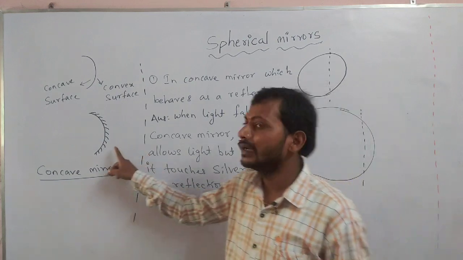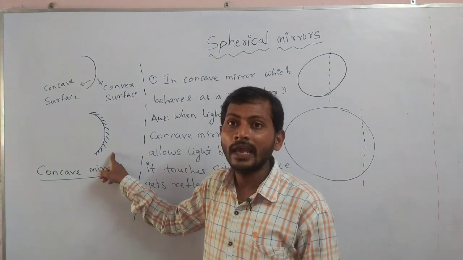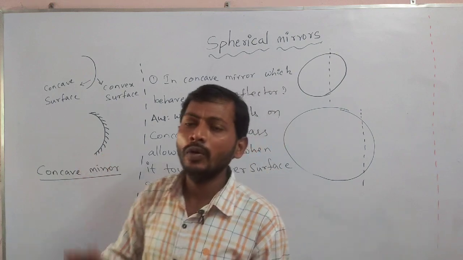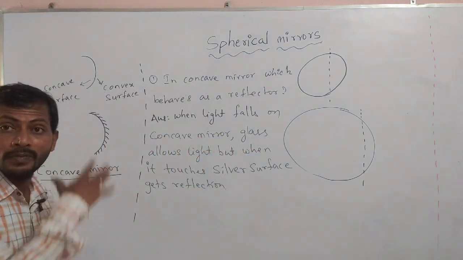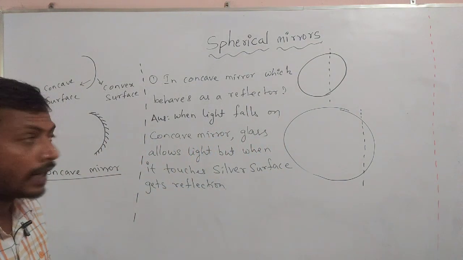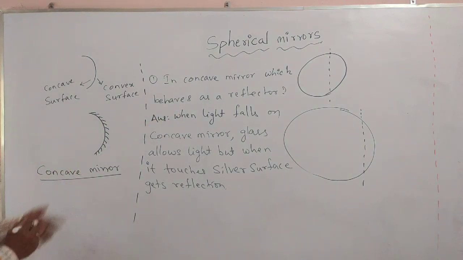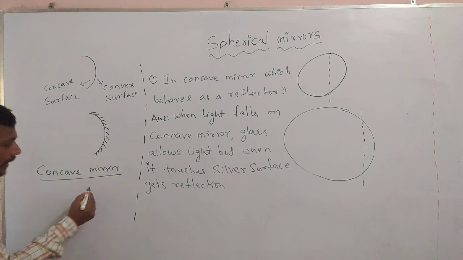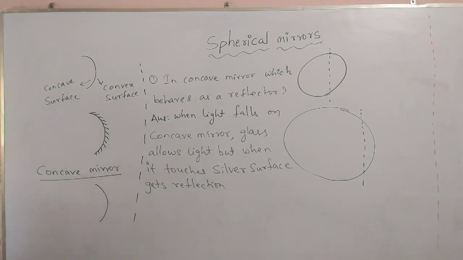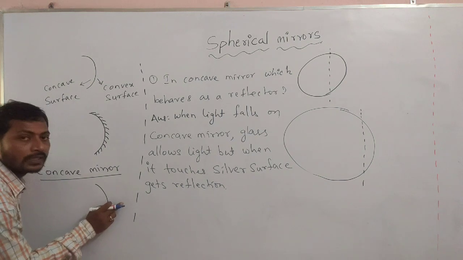So this is called a concave mirror. Now I don't need to explain all these things again in the convex mirror. You can understand everything is the same. Same thing I am doing. The same surface I have taken like this. But in this case, I want to see from this side.